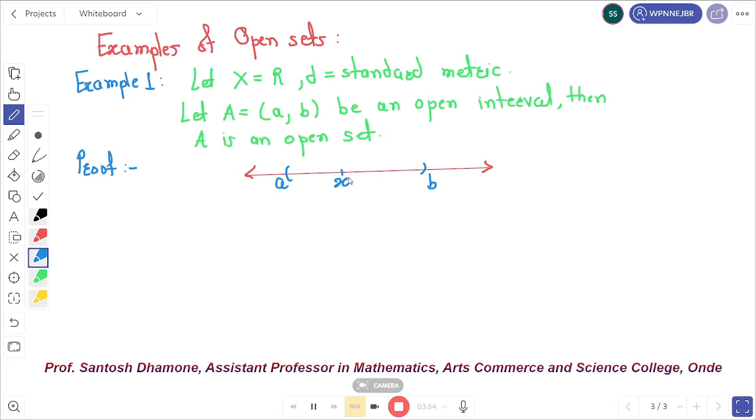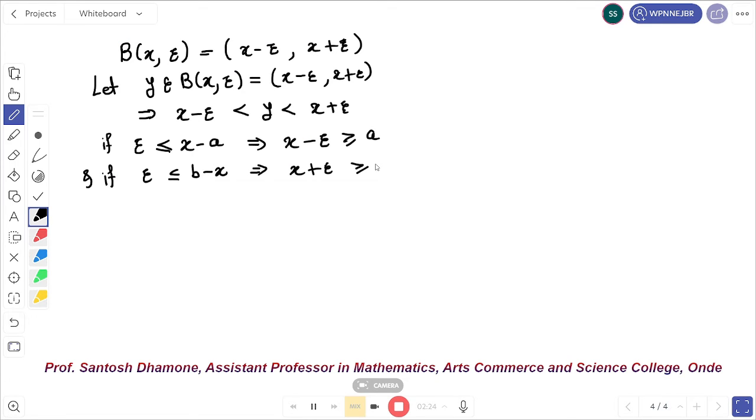If r is less than or equal to x minus a, this implies that x minus r is greater or equal to a, and if r is less than or equal to b minus x, this implies that x plus r is less than or equal to b.